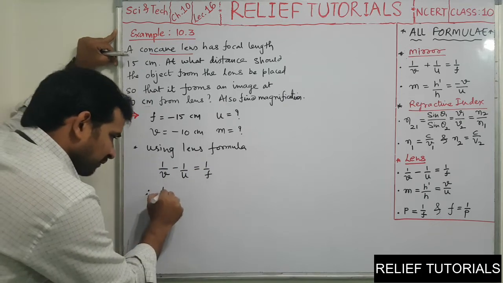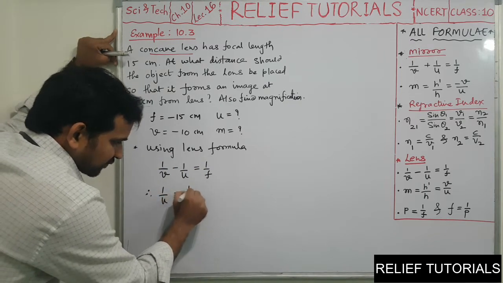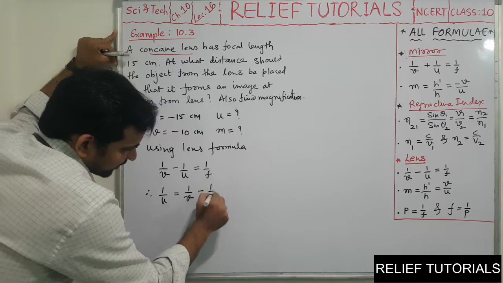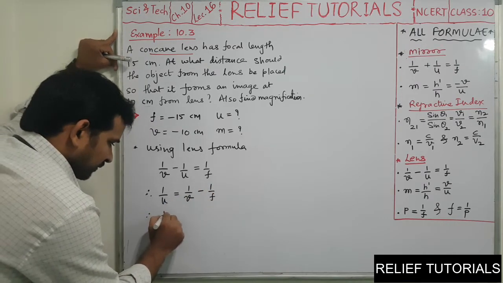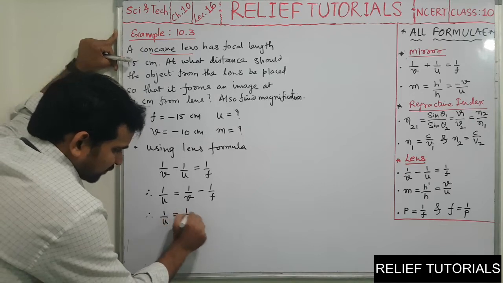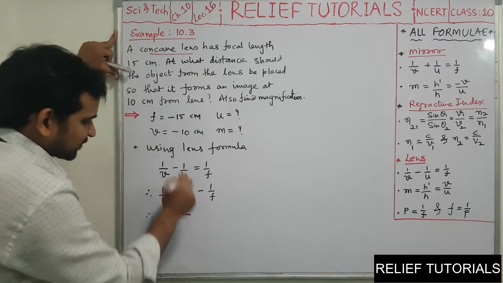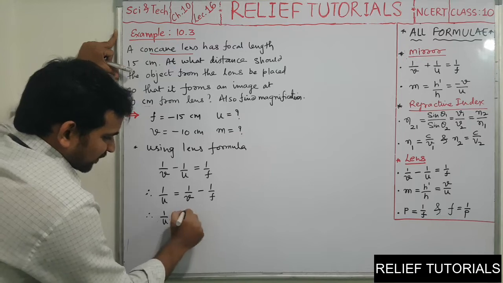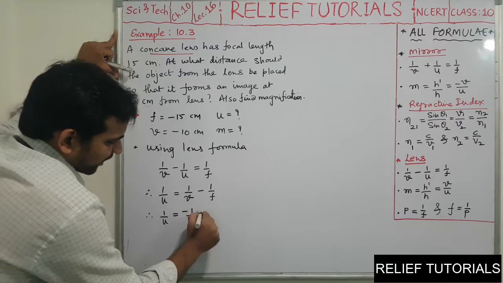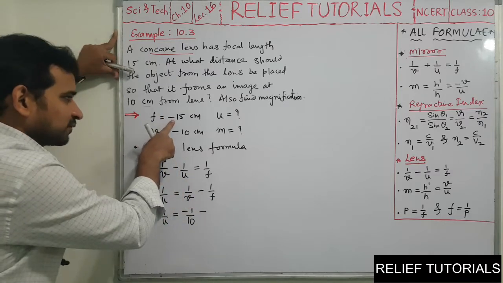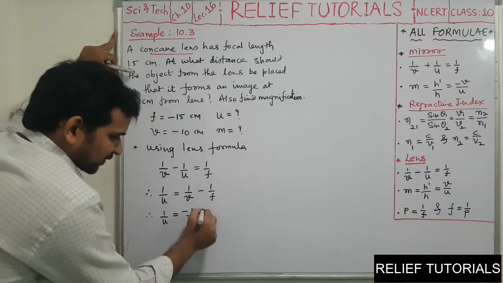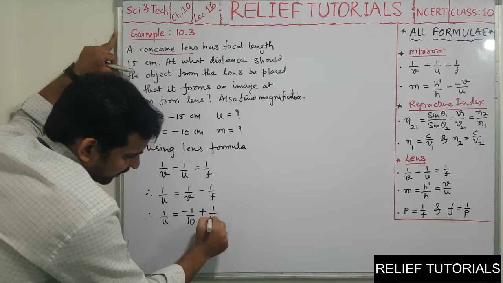So you can write 1 by U is equal to 1 by V minus 1 by F, and now place the value. 1 by U is equal to 1 by V means 1 by minus 10. So you can write minus 1 by 10 minus 1 by F means 1 by minus 15 means minus 1 by 15. So minus minus plus 1 by 15.